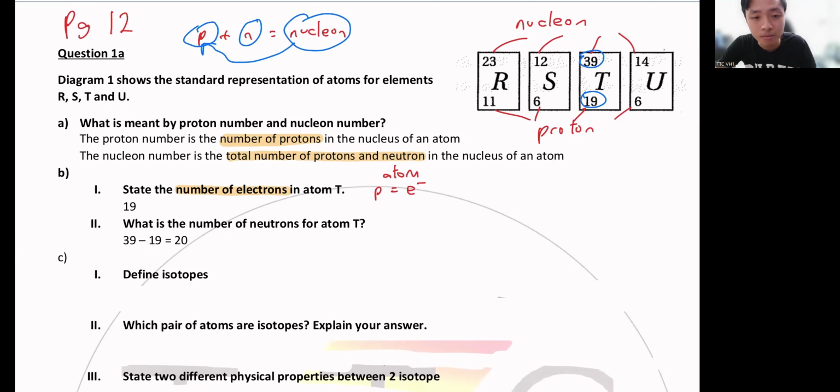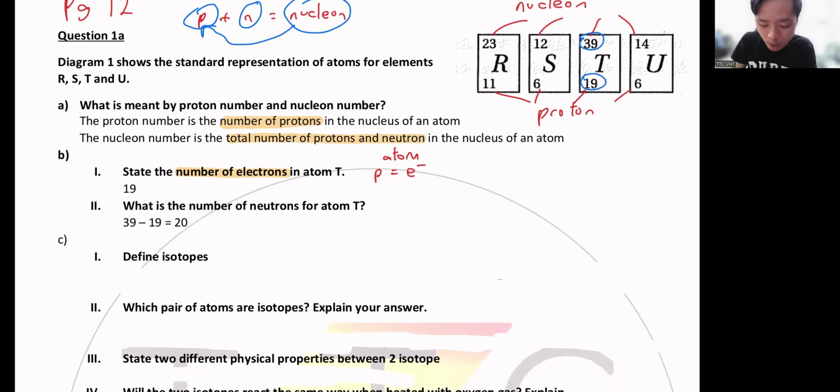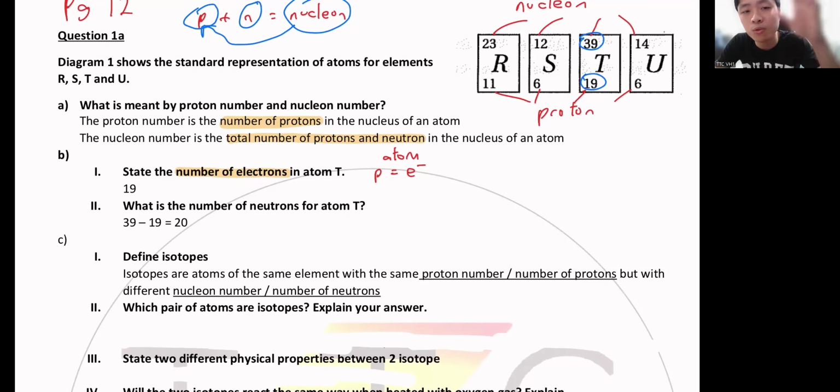Okay. Define an isotope. Also one of the meanings they commonly ask in the exam in chapter 2. I start with chapter 2 first, then later on you focus more on chapter 3.